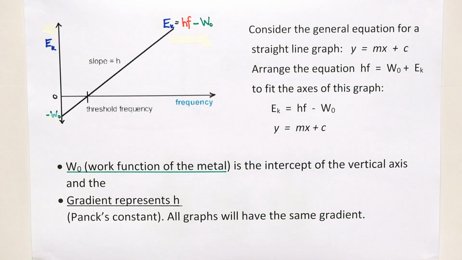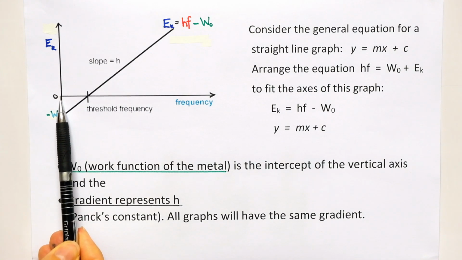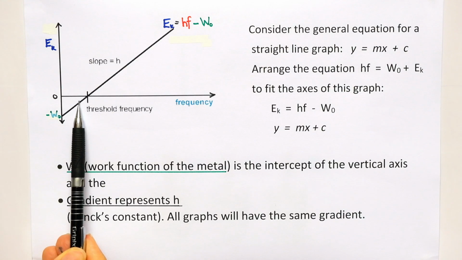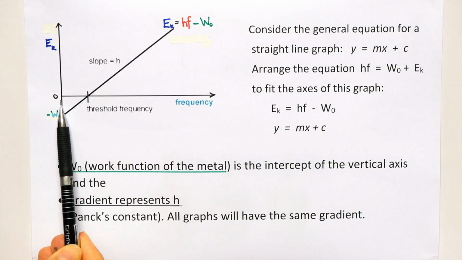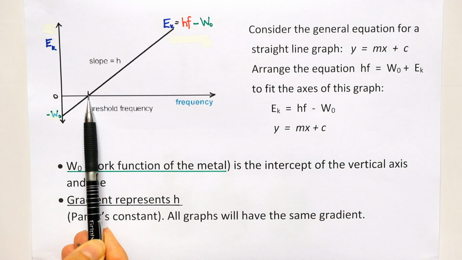As you can see from this graph, any frequency lower than the threshold frequency will not give the electron any kinetic energy to leave the metal. The frequency that is equal to the threshold frequency will not give the electron any kinetic energy, but it will just get the electron to the surface of the metal.